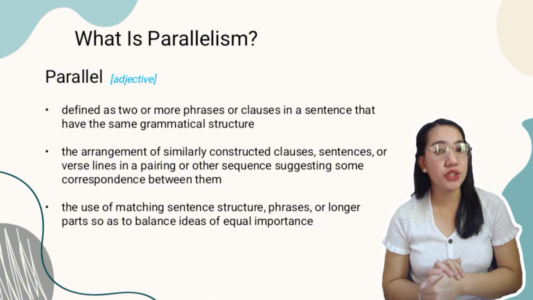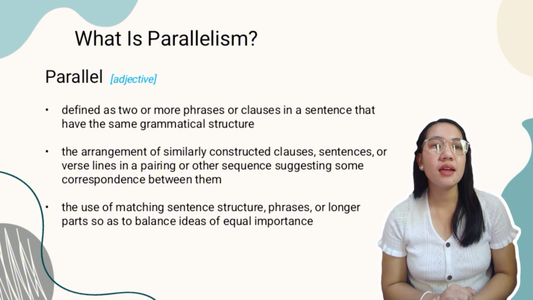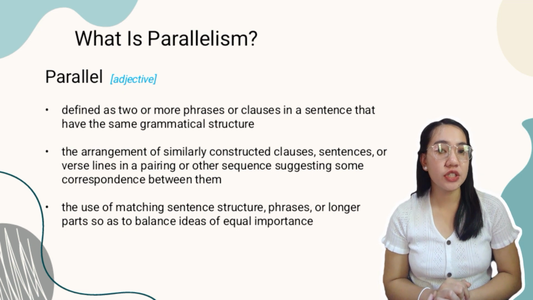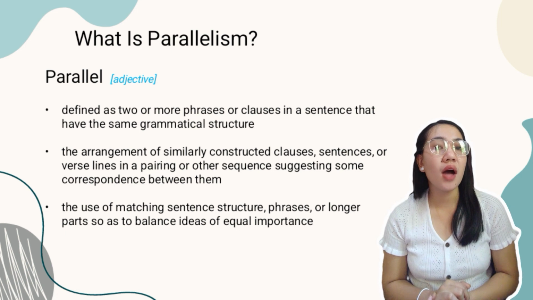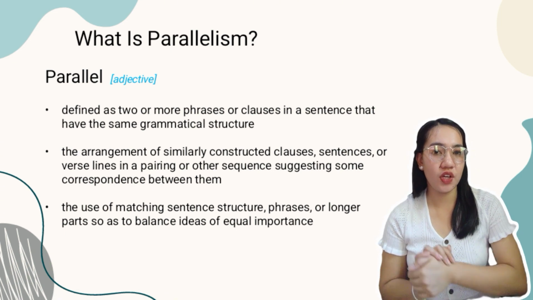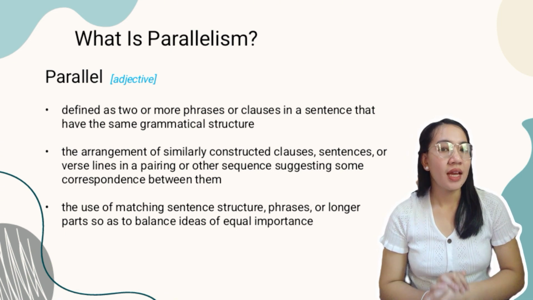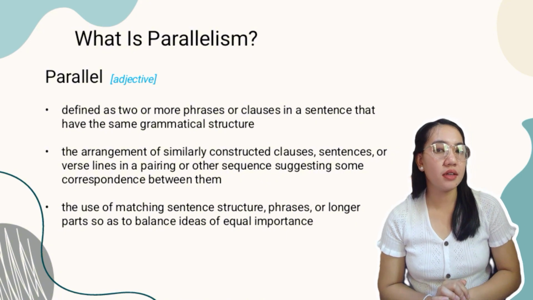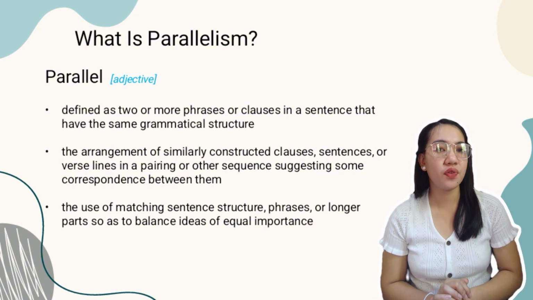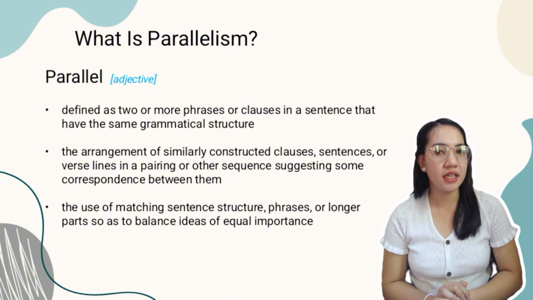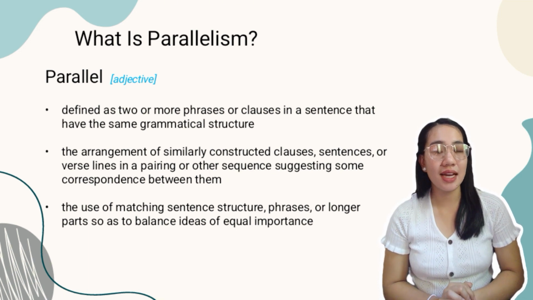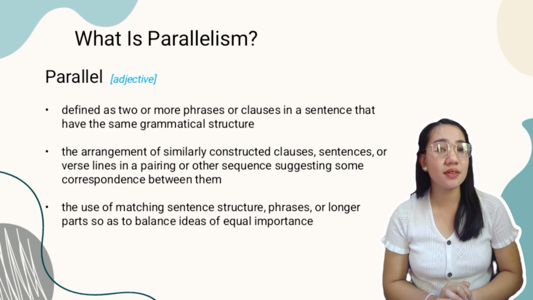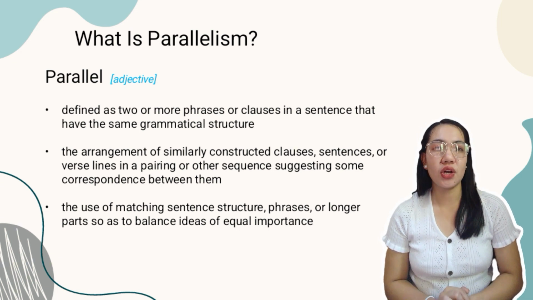According to the Cambridge Dictionary, parallelism is the use of matching sentence structure, phrases or longer parts so as to balance ideas of equal importance. Another definition put forward by the Collins Dictionary is as follows: the repetition of syntactic construction in successive sentences for rhetorical effect.